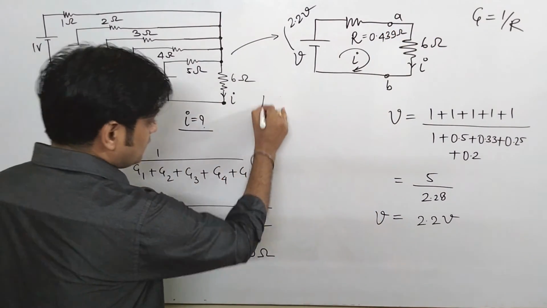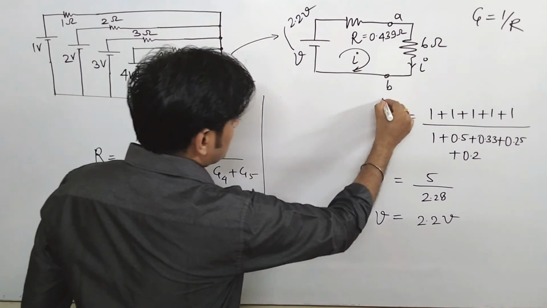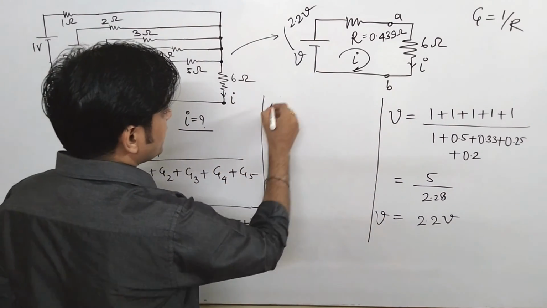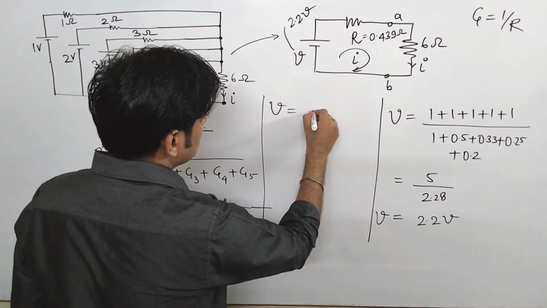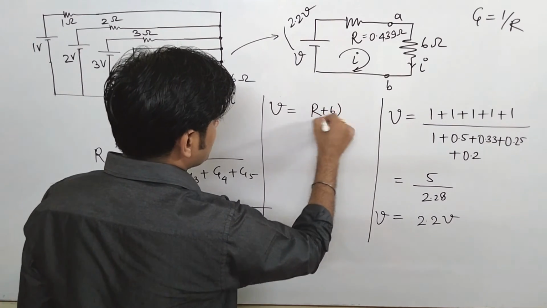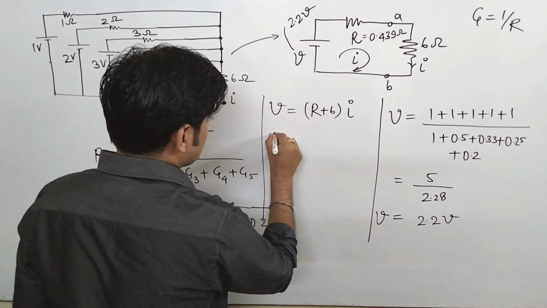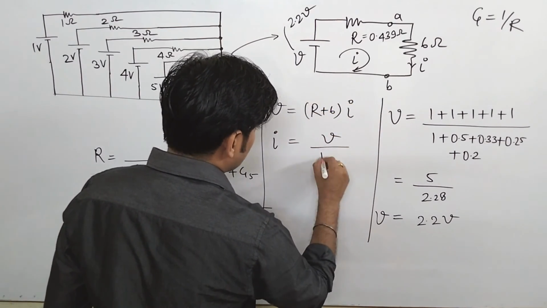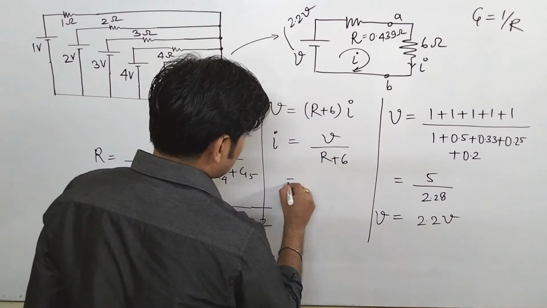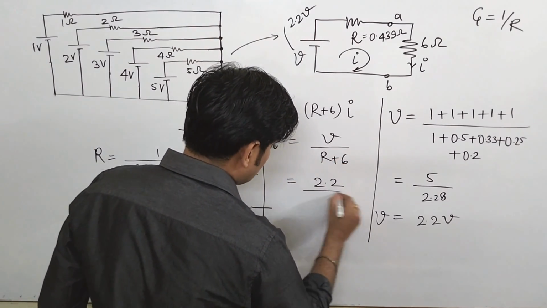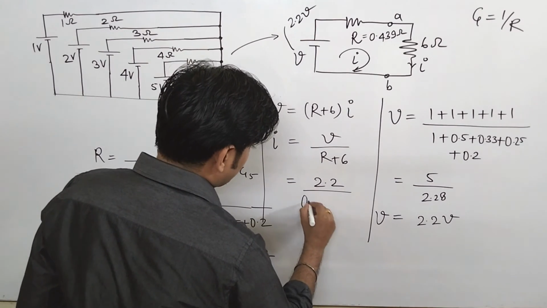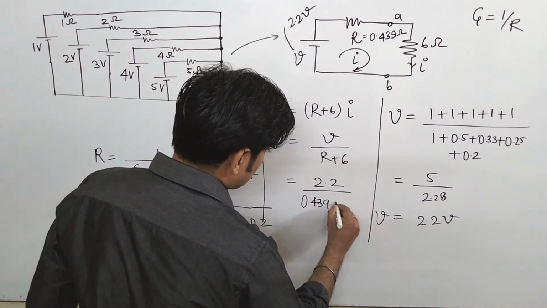Now can you find the value of I? Yes. By solving from here, V is equal to R plus 6 into I. So I is equal to V upon R plus 6. V is 2.2, R is 0.439, plus 6.